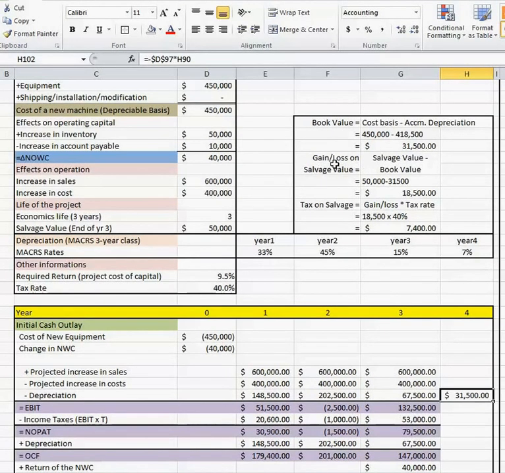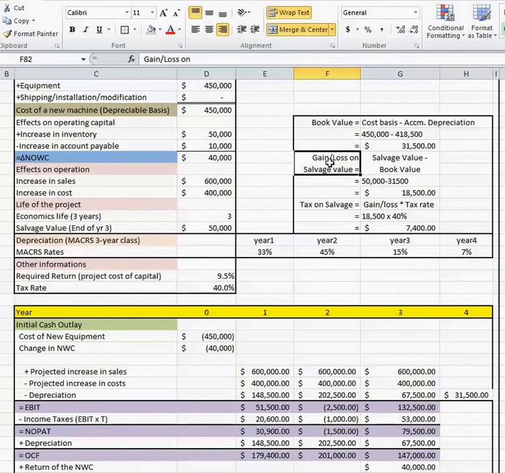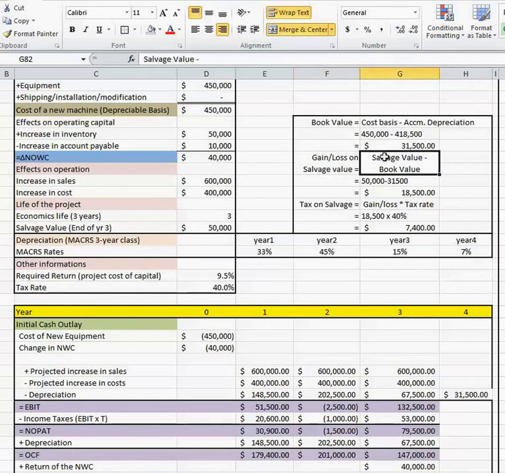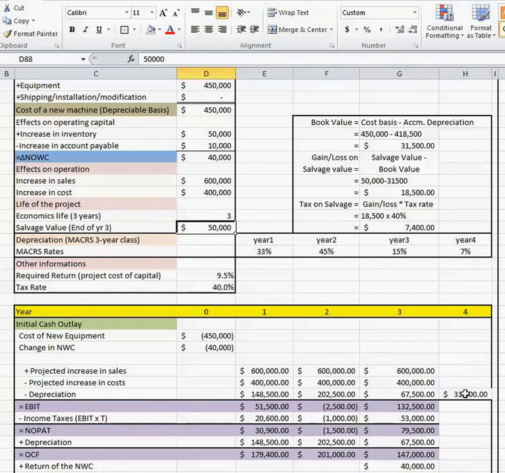So now, calculating the gain or loss on the sale of the salvage value, which is salvage value minus the book value. The salvage value is given, 50,000, and the book value is 31,500. So the difference is 18,500.